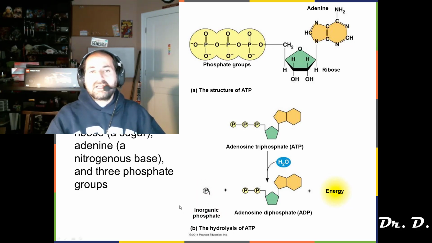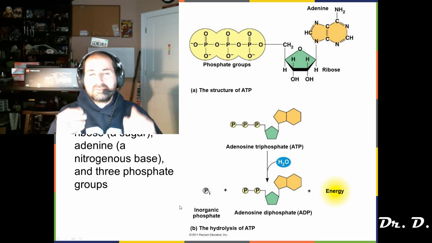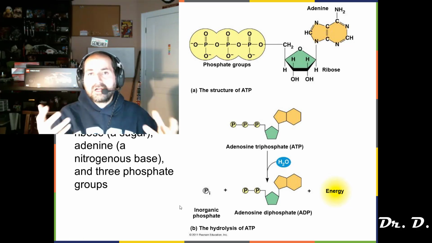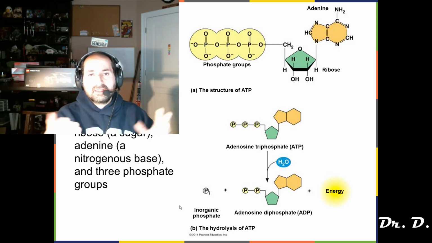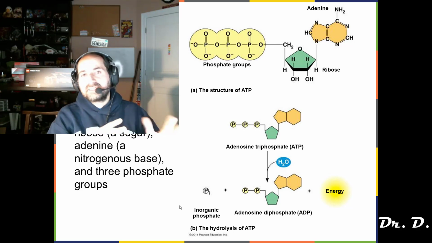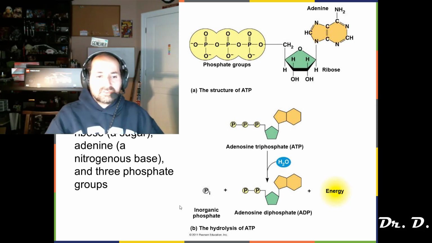What does that mean? You guys know what organic means. We talked about it. Organic means contains carbon, right? If something has carbon attached to it, it's organic. If something doesn't have carbon attached to it, it's inorganic. So look at this. When this phosphate group was attached to the rest of the molecule, was it an organic phosphate or an inorganic phosphate?